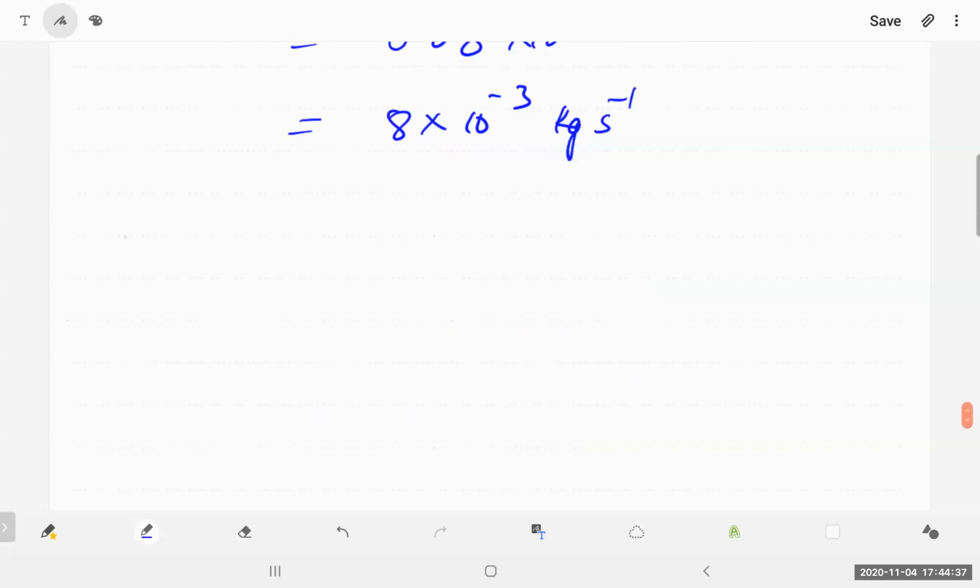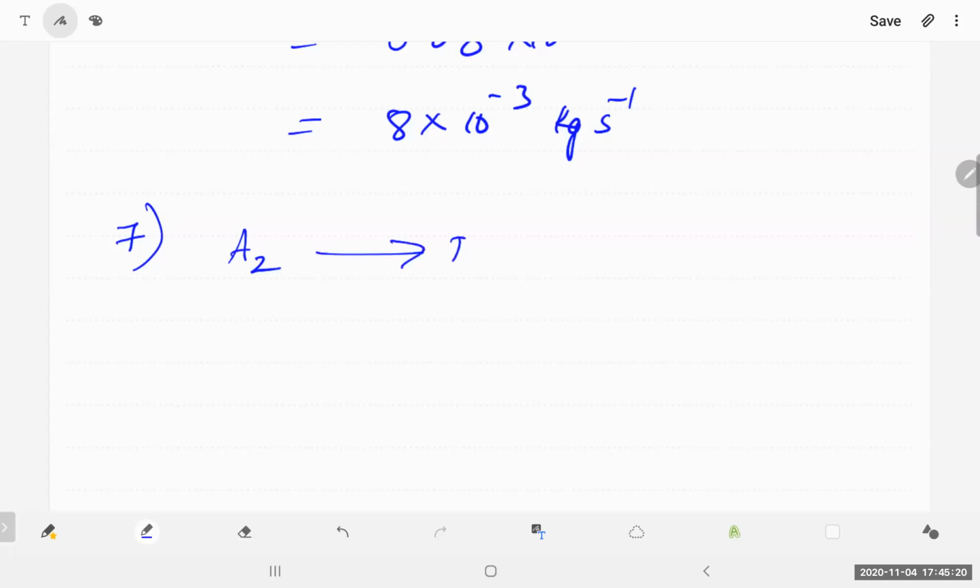Then seventh one, a gaseous reaction A2 gives rise to B plus half C shows an increase of pressure from 100 mm to 120 mm in 5 minutes. The rate of disappearance of A2 is? What is the reaction?